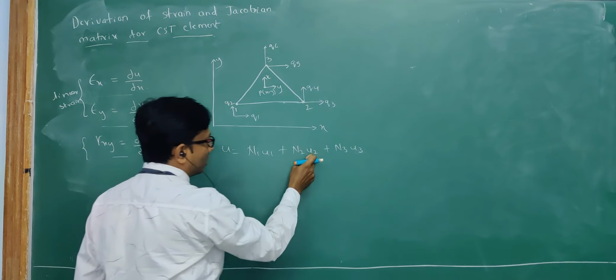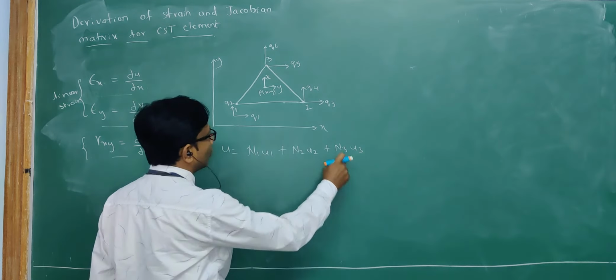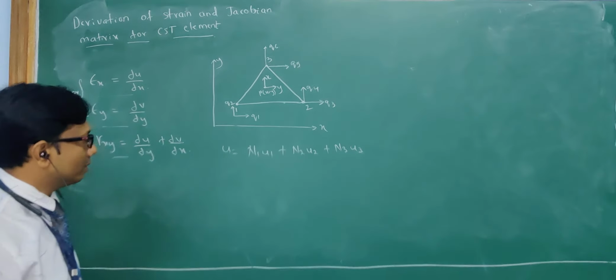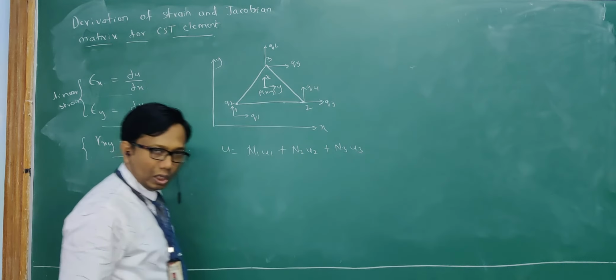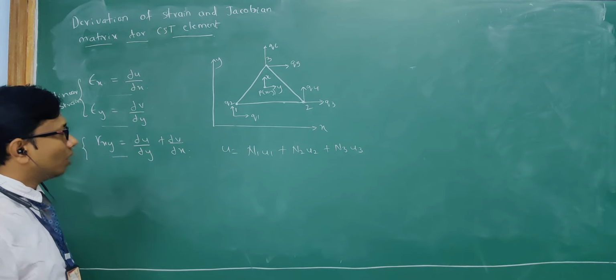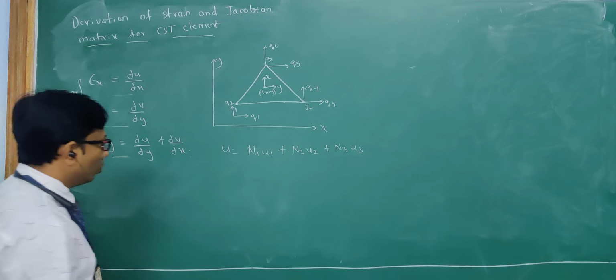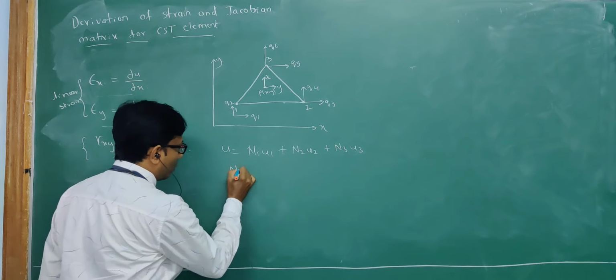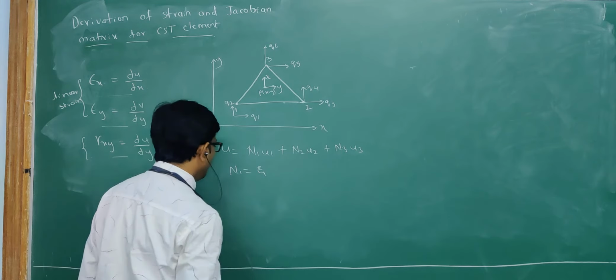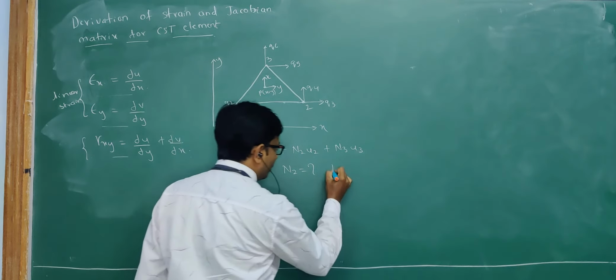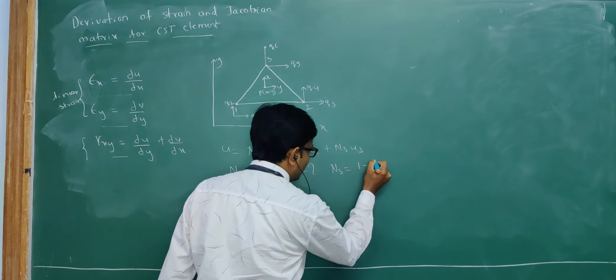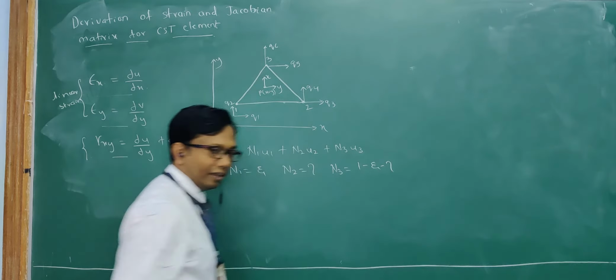Substituting the shape functions, you know N1 is equal to zeta, N2 is equal to eta, and N3 is equal to 1 minus zeta minus eta, which you have already derived.